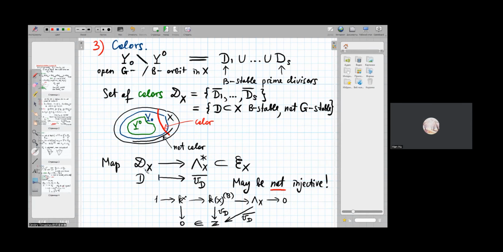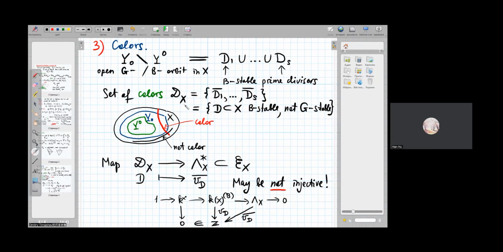So if you consider the set of colors as an abstract finite set equipped with this map, then this set and this map will not change, up to a natural identification, when you replace X with an open subset or add something on the boundary.